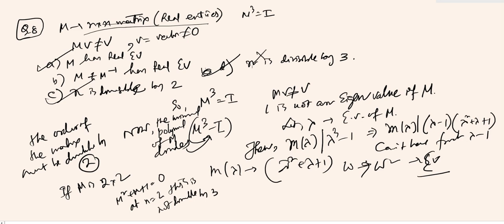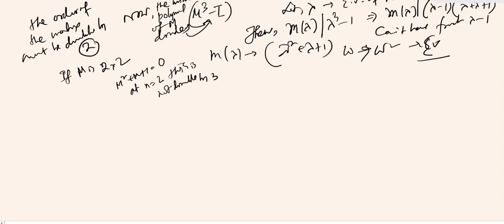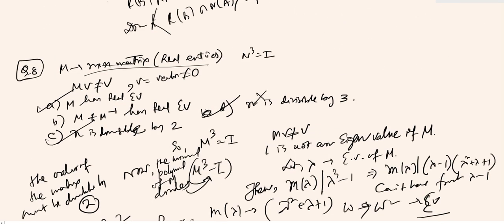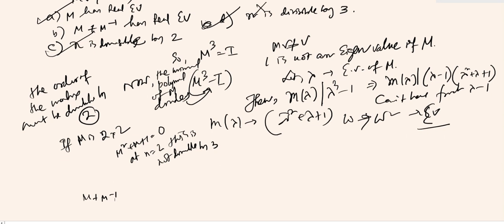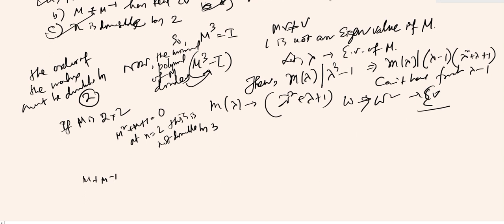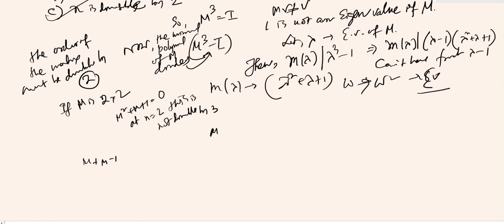Lastly is M plus M inverse. Inverse will be separate, so that's why I kept it till the end. So M plus M inverse, if I just put it into this equation, M square plus M plus I equal to 0.